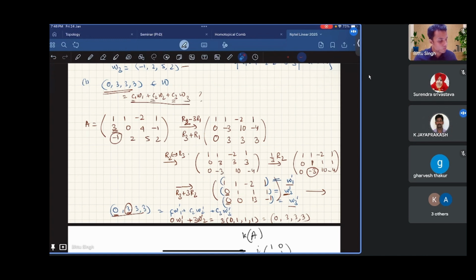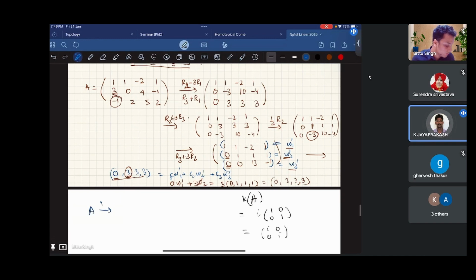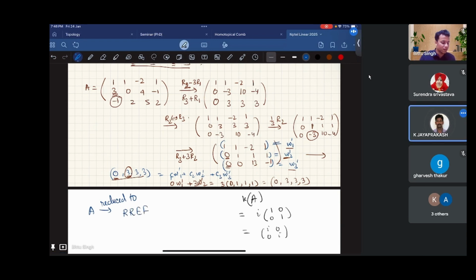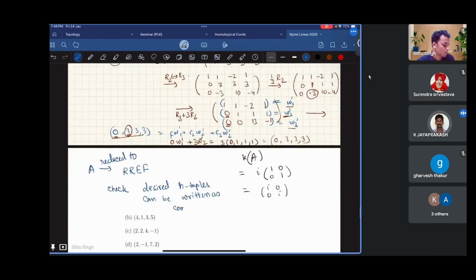So the steps are: reduce to row reduced echelon form, and now check whether the desired n-tuples, here 4-tuples, can be written as a combination of rows.